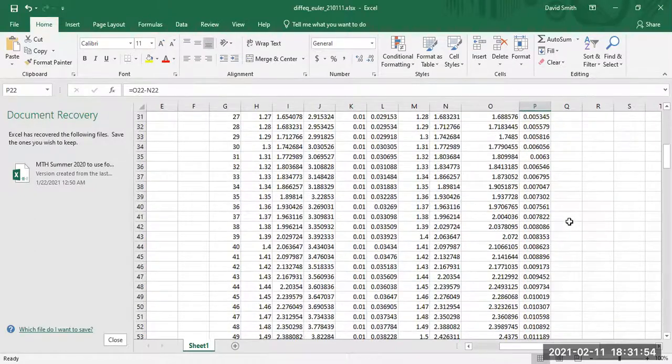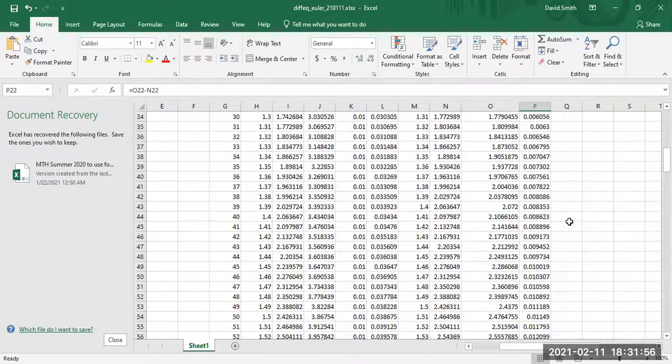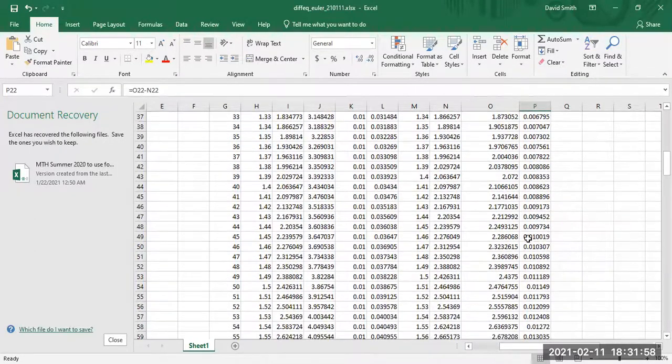We don't get down to 1 part in 100 until we get to a y value of 2.276 by the approximation, 2.286 from the actual function. Those are very close, only off by 0.1, which is less than 0.5%.